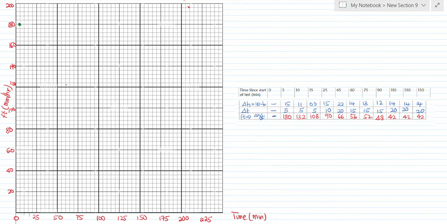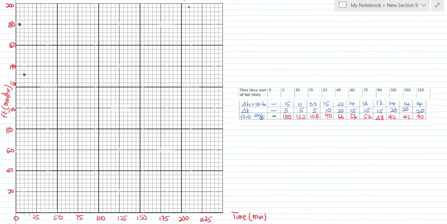You get it, right? Then at 10 minutes on the time axis, it's 132. This is 120, 124, 128, 132. Right, so this is 132.